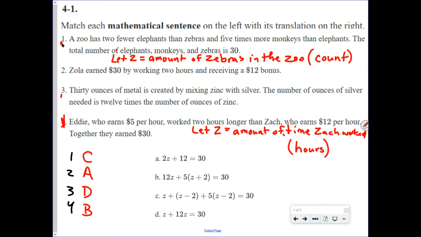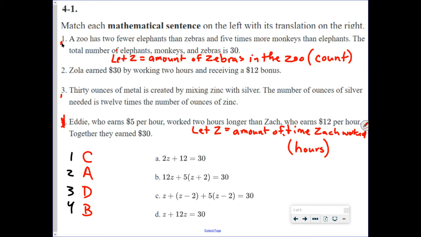I know that's a little bit different. It's difficult because they don't really have units, so anytime you're just saying how many there are of something, since you say amount of zebras, you can just say count. By the way, please be specific. Don't say let z equal zebras. That's not going to fly. You do that, I am going to take points off. You have to be specific. Let z equal the amount of zebras in the zoo.